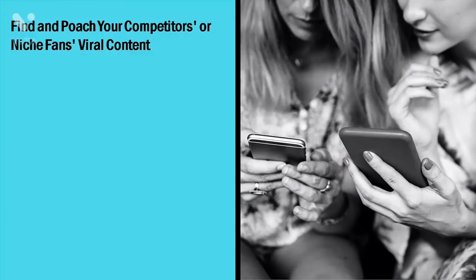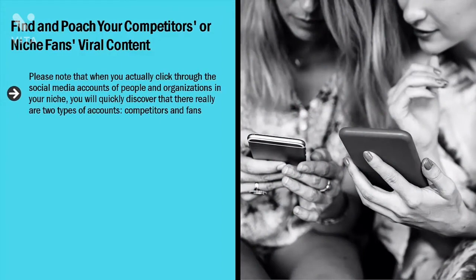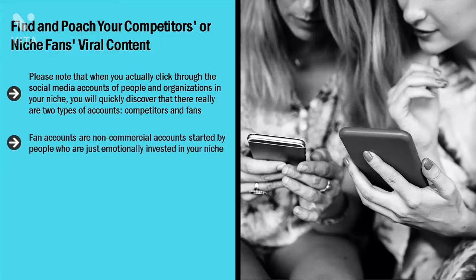Find and poach your competitors' or niche fans' viral content. Please note that when you actually click through the social media accounts of people and organizations in your niche, you will quickly discover that there really are two types of accounts, competitors and fans. I'm not even going to describe competitors because this is self-explanatory. Fan accounts are non-commercial accounts started by people who are just emotionally invested in your niche.